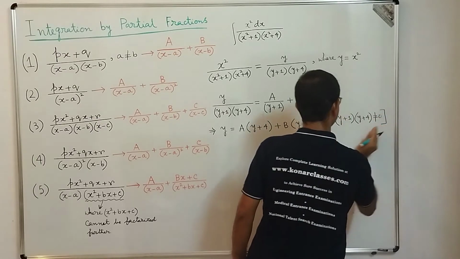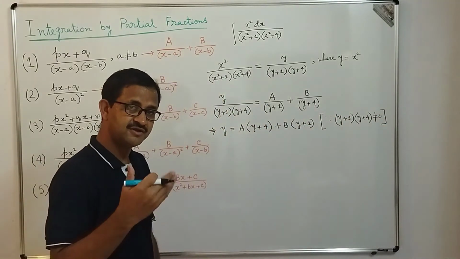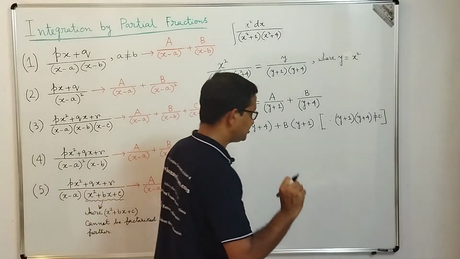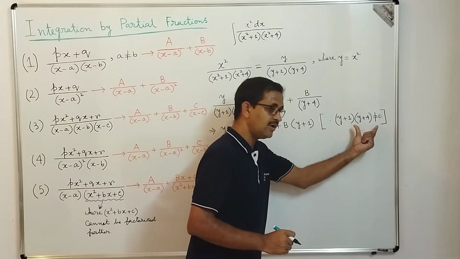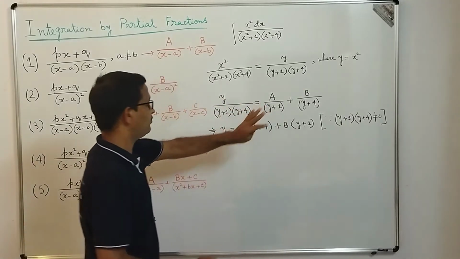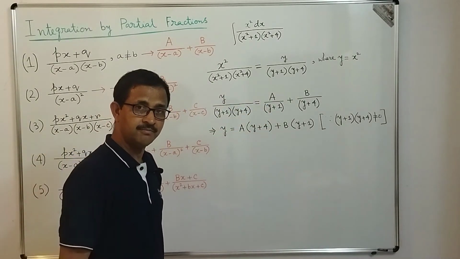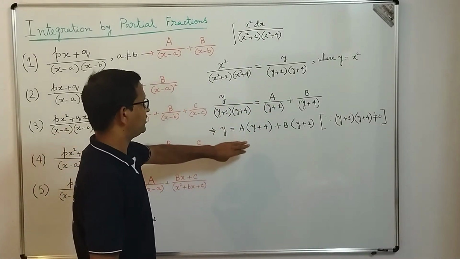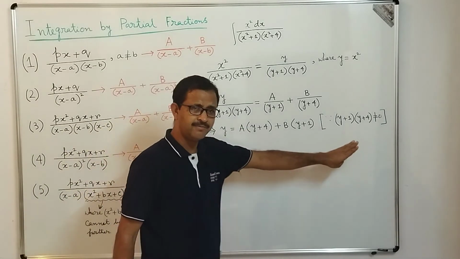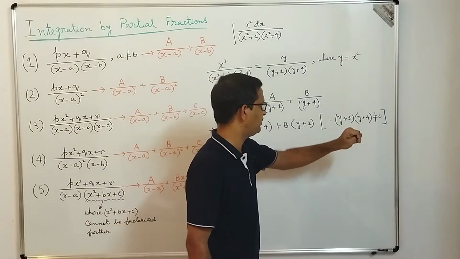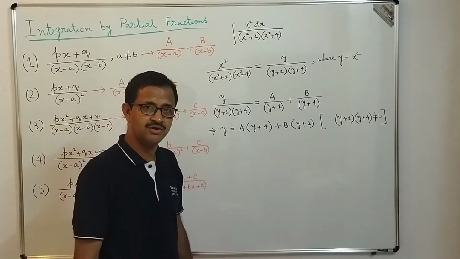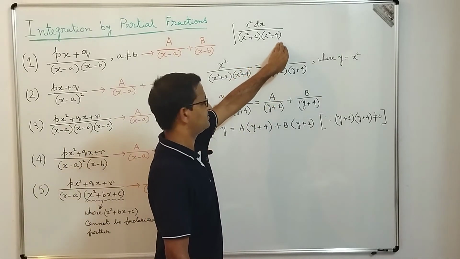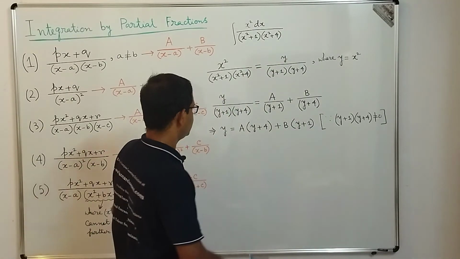If you write like this in your answer paper, it gives an extra impression to the teacher who is evaluating your paper, that yes, this is not equal to 0, hence you are able to multiply both sides of this identity. Otherwise you can't. Now what will happen if (y plus 1) into (y plus 4) equals 0? That means (x square plus 1) into (x square plus 4) equals 0. Then the question doesn't make sense. Denominator is 0. Correct?